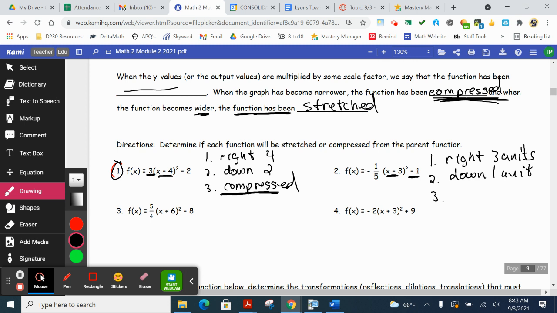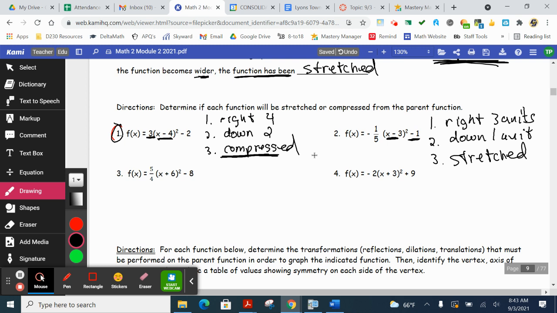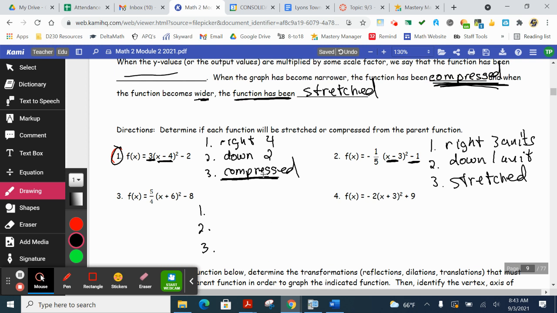Good. This is now wider, correct? So we would have said wider yesterday. Now we're going to say it got stretched. Okay, so that thing gets stretched out. Okay, 3. Do all those, and then we'll see if we got them all. Oh, now I remember the word.